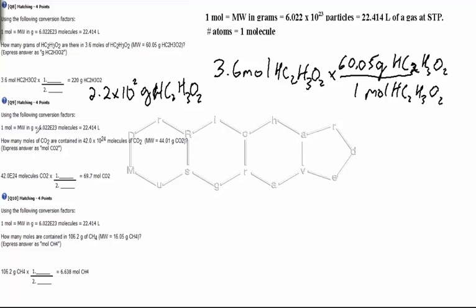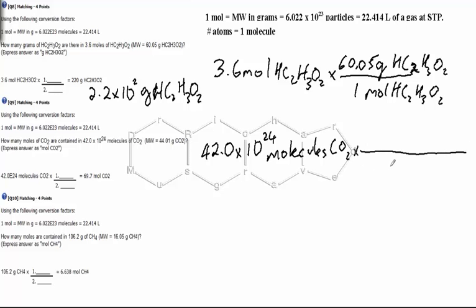Okay, the next one. How many moles of CO2 are contained in that many molecules of CO2? Alright, so we'll start out with 42.0 times 10 to the 24th molecules of CO2, times and then a line.